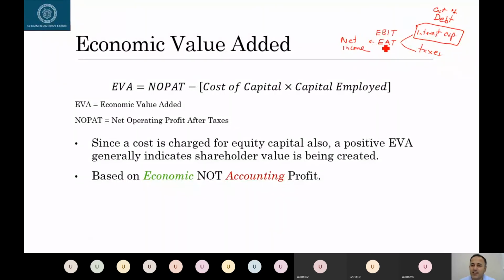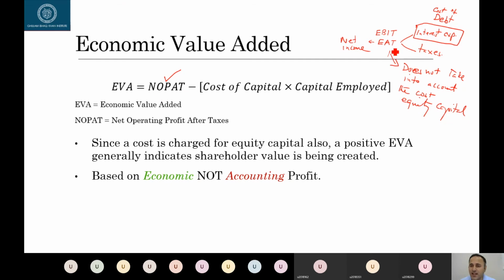But as you can see, earning after taxes does not take into account the cost of equity capital. So in order to calculate the economic value added, you use another term which is very commonly used, called NOPAT, net operating profit after taxes.